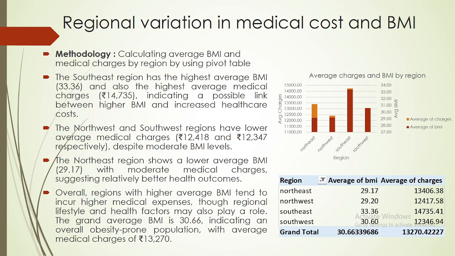The southeast region has the highest average BMI, whereas the northwest has the lowest average BMI, whereas the average medical charges are high in the southeast region and low in the northwest region.